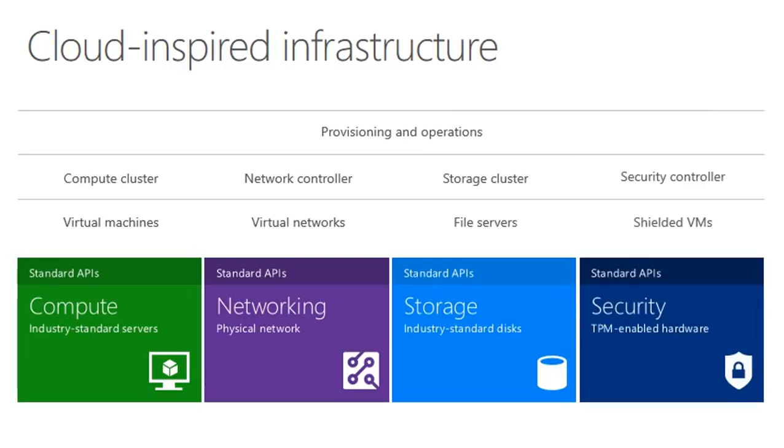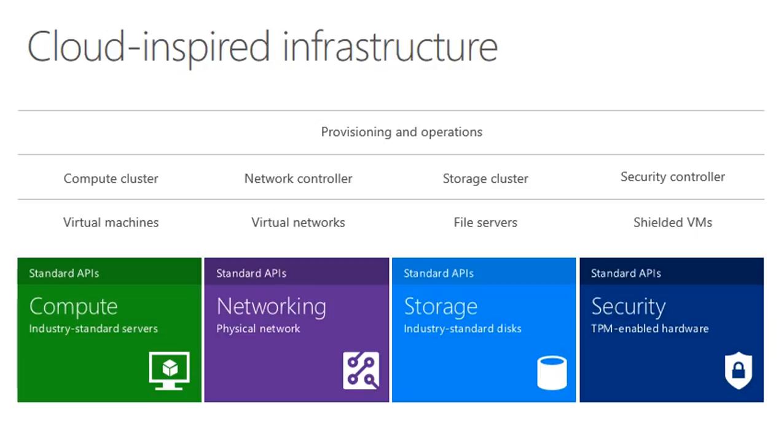Now, when we talk about a cloud-inspired architecture, that is something that we're really doing and we have been doing for some time with Windows Server on the on-premises environment, that we're bringing a lot of our learnings that we're getting from Microsoft Azure and bringing that into our on-premises. And here's a few of the things that we've got in Windows Server 2016, that we've already been doing in Microsoft Azure, and we're bringing to on-premises.